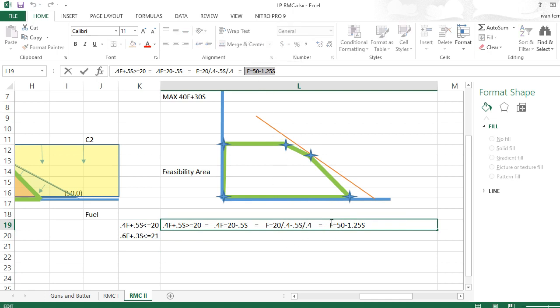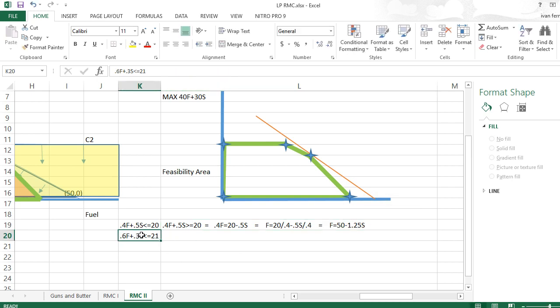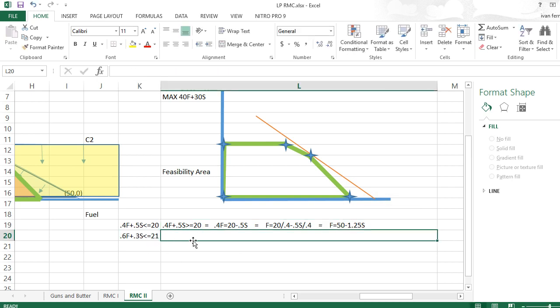Take that value of f, because that's what f equals now, and put it in the second constraint. So I'm going to do it here, 0.6 parentheses. Now just write the equation that you just solved for, 50 minus 1.25s.